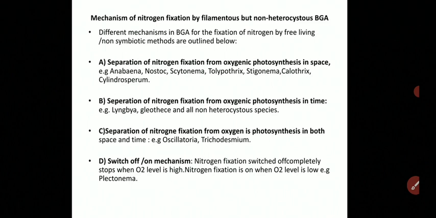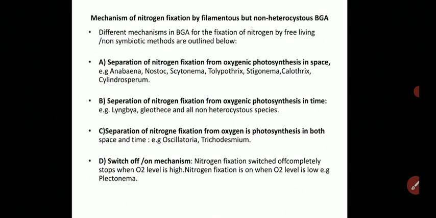In the third mechanism, the nitrogenase enzyme is highly tolerant and not easily damaged by the level of oxygen. The fourth mechanism reported is that these species have a specific switch off and on mechanism, because of which the nitrogenase enzyme becomes reversibly active and inactive depending on the concentration of oxygen.